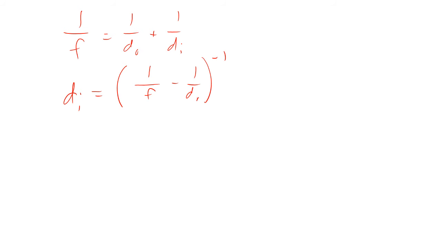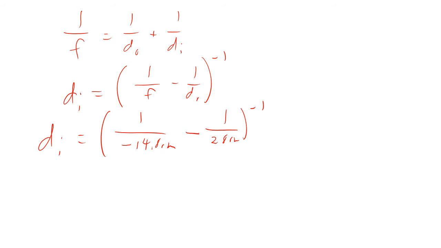Same equation: 1 over f equals 1 over do plus 1 over di. So di equals 1 over f minus 1 over do, to the minus 1. In this case, that's going to be 1 over a negative 14.8 centimeters minus 1 over 28 centimeters, to the negative 1.